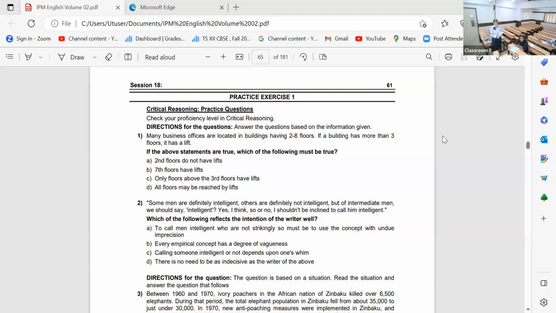Question number 1. Ma'am, B. Buildings, okay. First option is wrong, second is right. 7th floor have lifts.